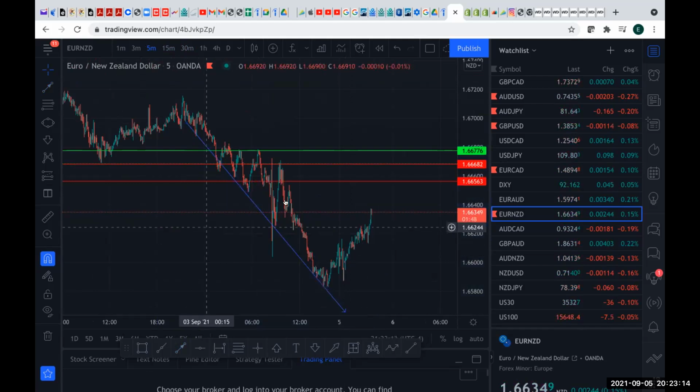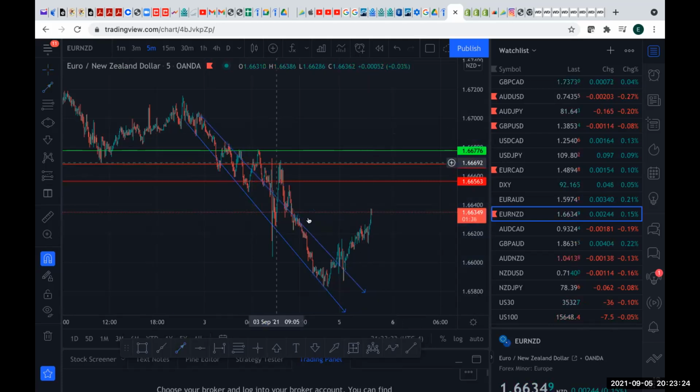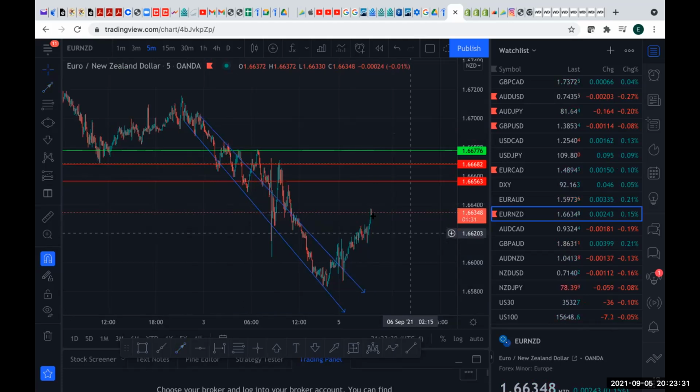I know it's in a downtrend. So basically, I'm making a channel. Same thing on this side. Even though it came out a little bit, that's the actual channel right there. Okay, so now I know it's in a downtrend with a temporary uptrend.